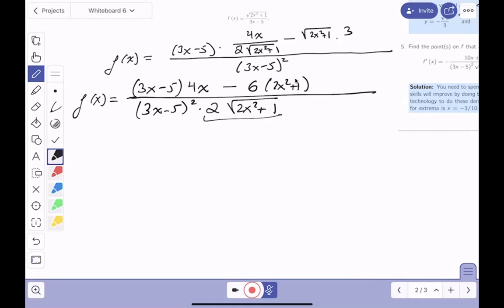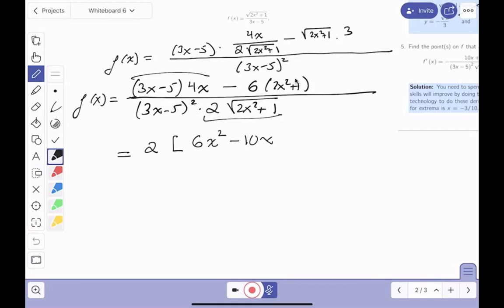Let's keep going. I'm going to factor out a 2 on top. And what do you get? 6x squared. We're doing this first, by the way.